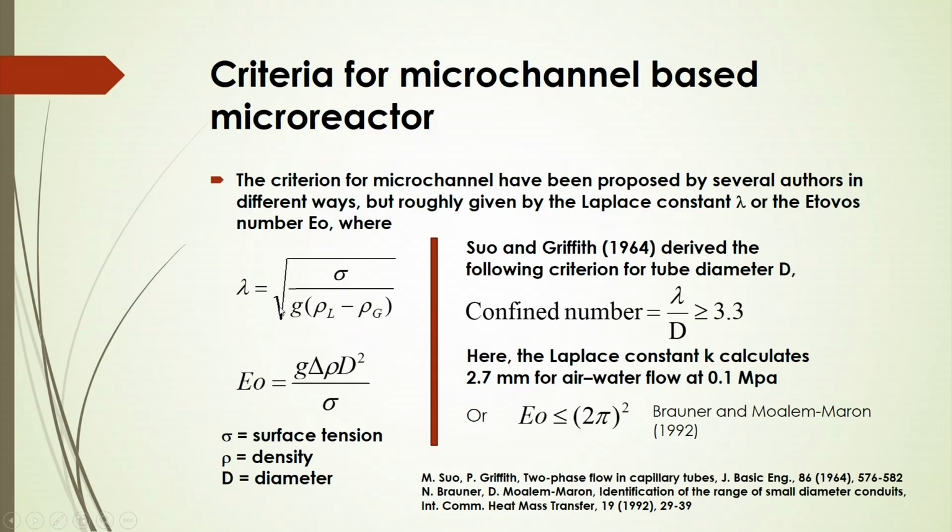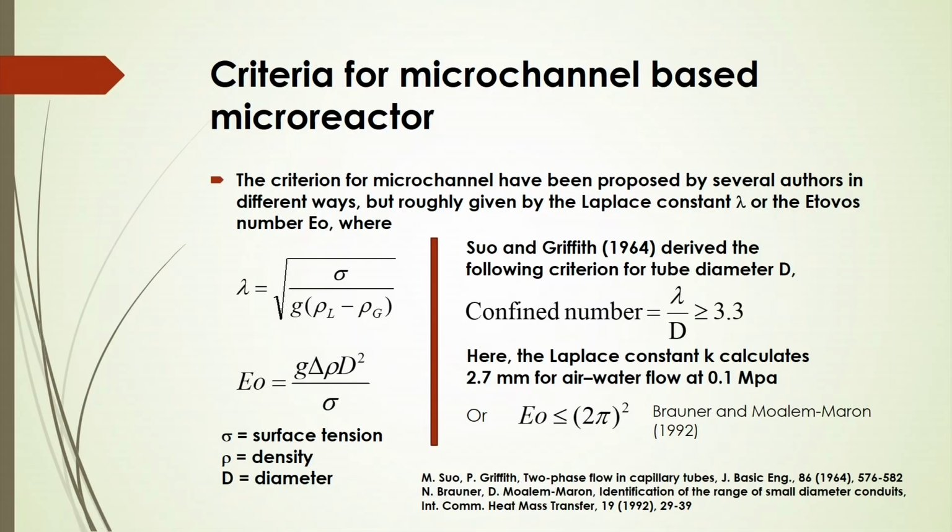Lambda is equal to the square root of sigma divided by g times (rho L minus rho G), whereas the Eotvos number is g times delta rho times d squared divided by sigma, where sigma is the surface tension of the liquid, rho is the density, and delta rho is the density difference of the two immiscible fluids, like here, for gas and liquid, rho L minus rho G, and d is the diameter of the channel.